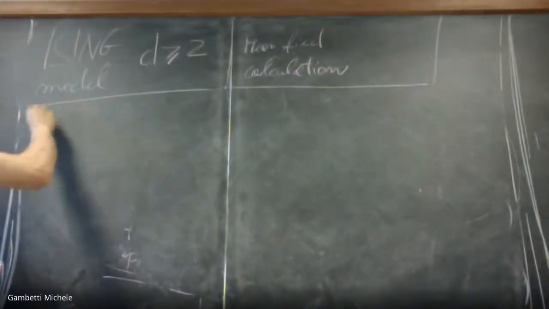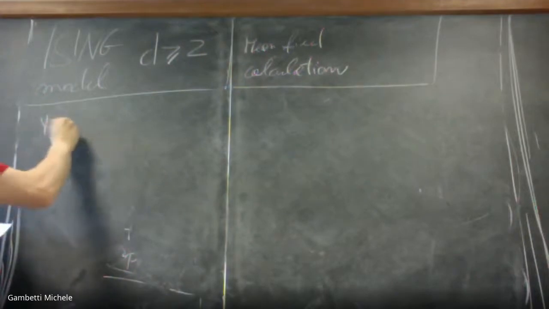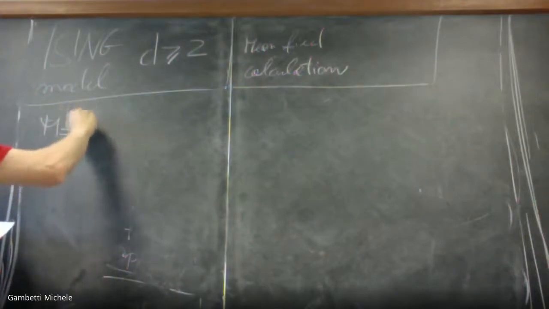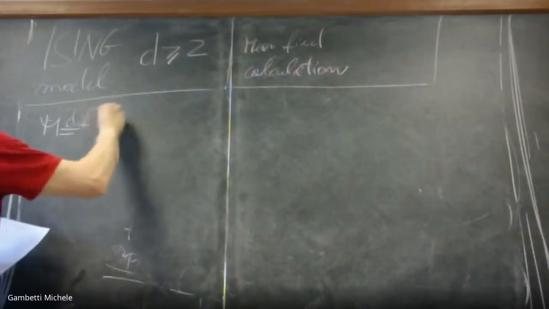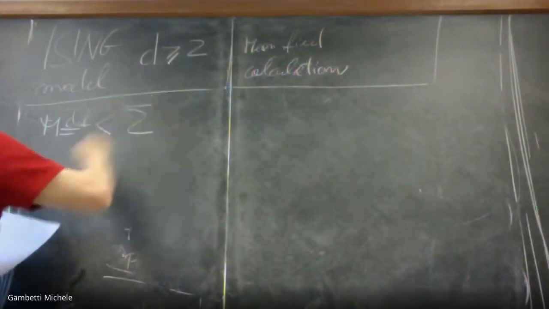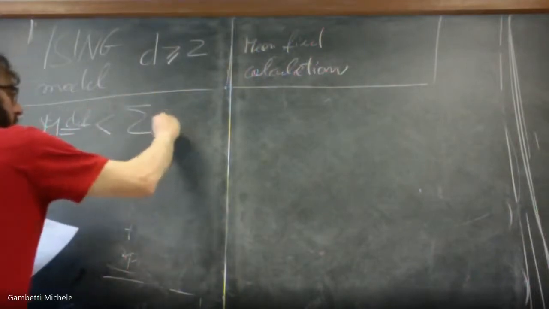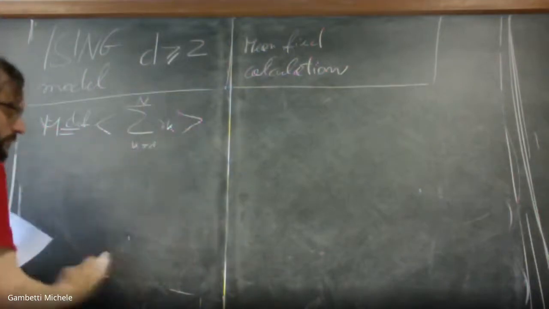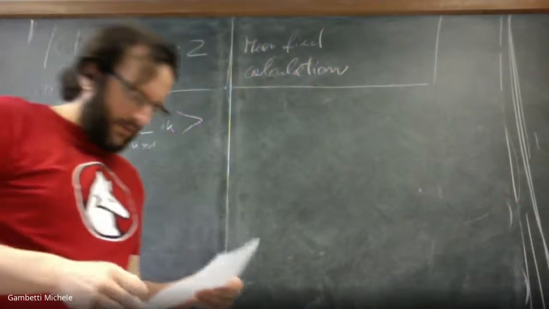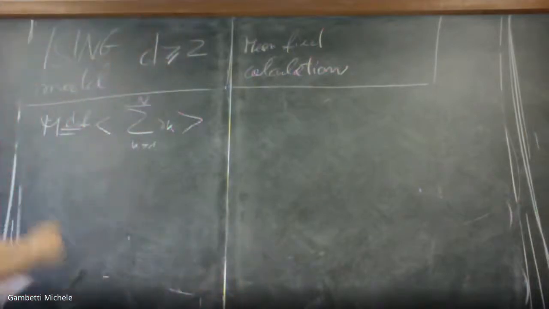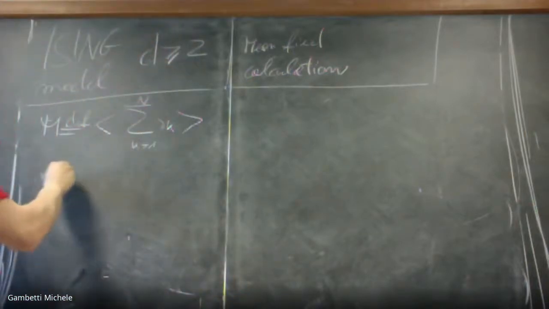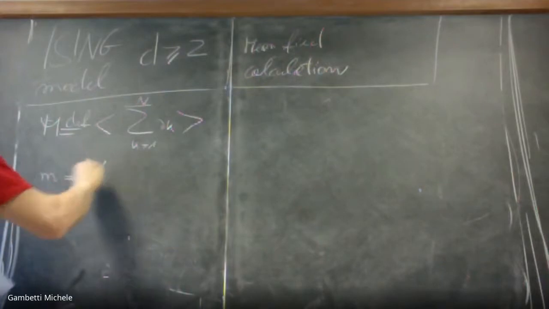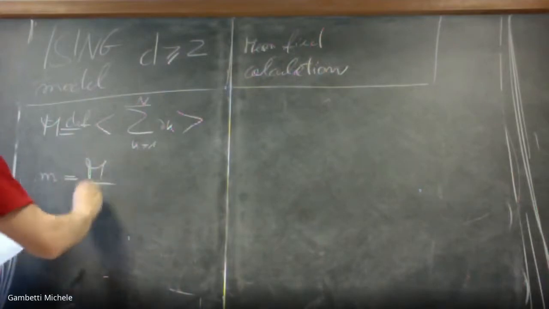Okay, then the magnetization is again, as before, by definition, the ensemble average of s_k, sum from k = 1 to N. It's just the Hamiltonian that is different now. And you can define m, small m, as the ratio between M and the number of particles.